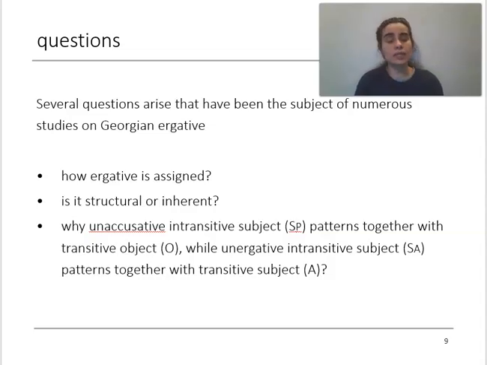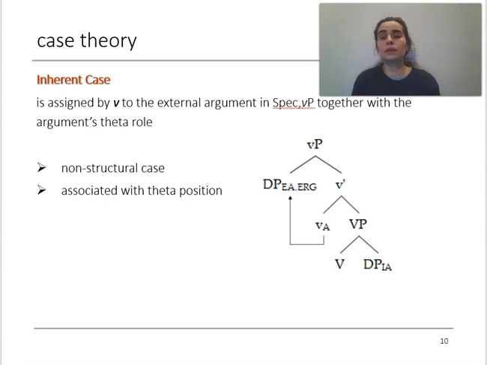And the next question is why an accusative intransitive subject patterns together with transitive object, while an ergative intransitive subject patterns together with transitive subject. So here we now see this inherent case theory and dependent case theory. Inherent case theory says that ergative is not structural case, and it's associated with theta position.